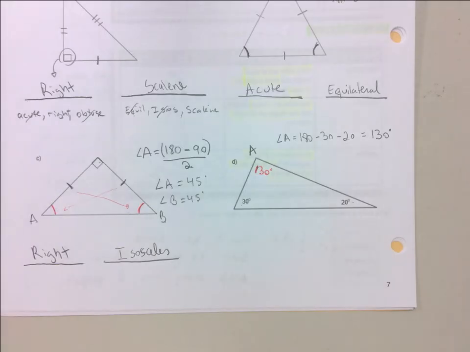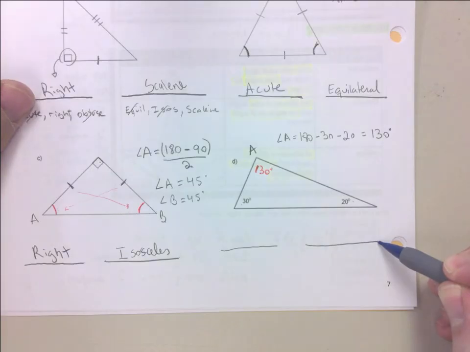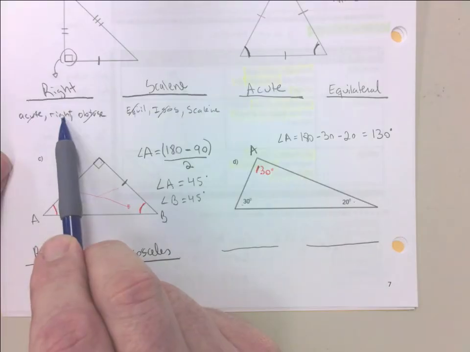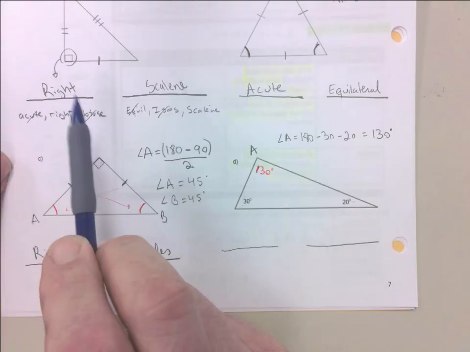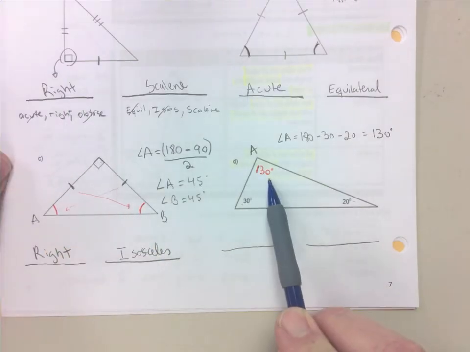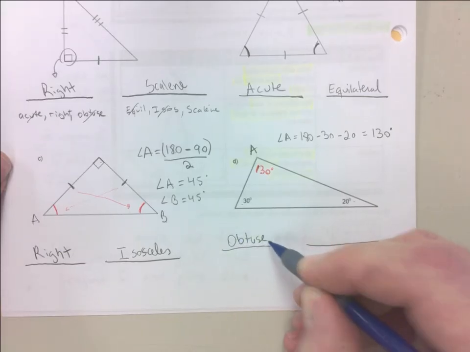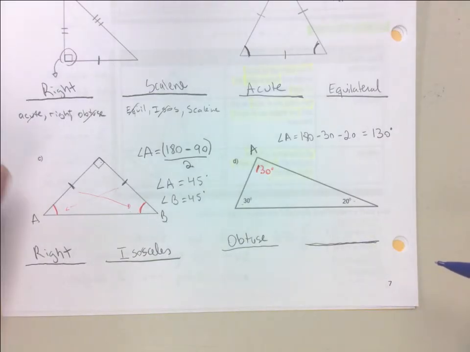Now let's name it. Remember, for the first name I have acute or obtuse. Which one am I going to pick there? Obtuse, because this is bigger than 90. So this is obtuse. This one throws students off.